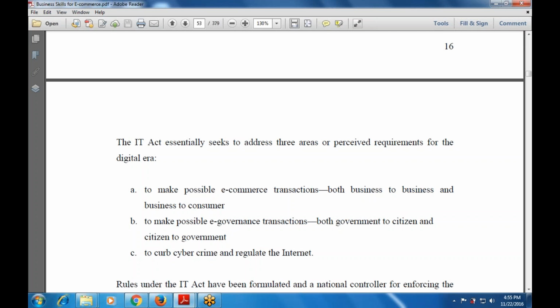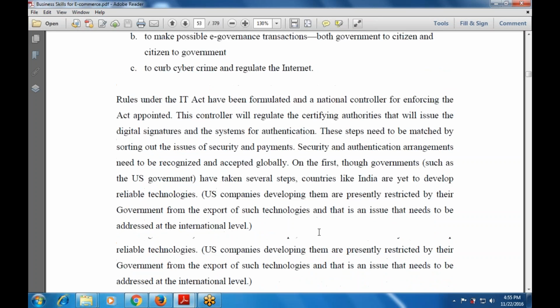What is the requirement? First of all, more and more e-commerce transactions, then more and more e-governance transactions, then to curb cybercrime and regulate the internet.